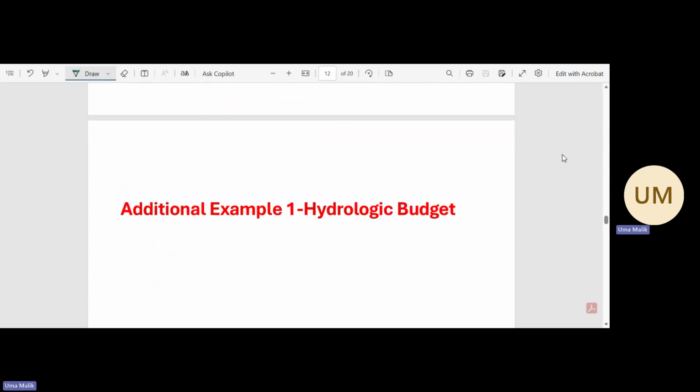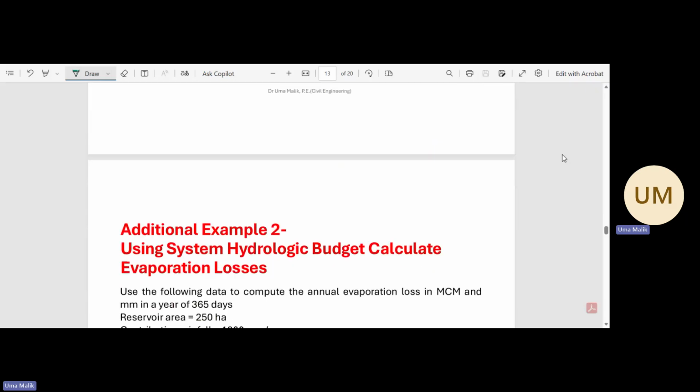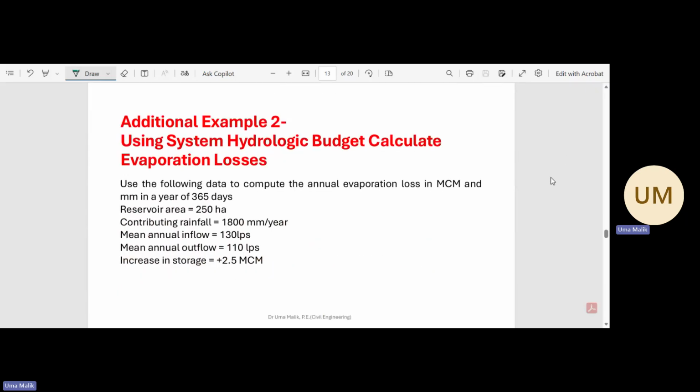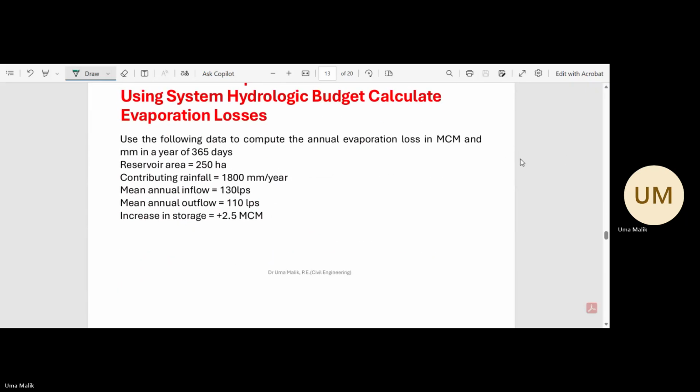So let's go to the next question. Next question you have again the hydrologic budget equation, and you are calculating for evaporation losses. Let's see what is given to us. Reservoir area is given.